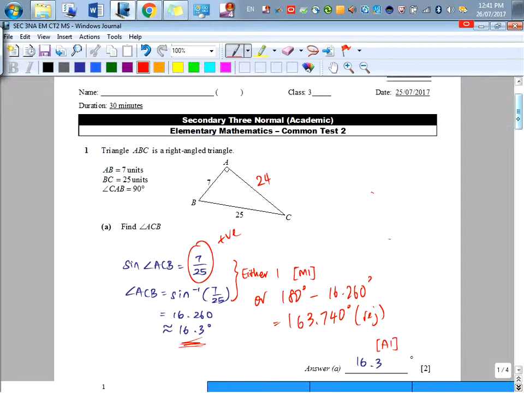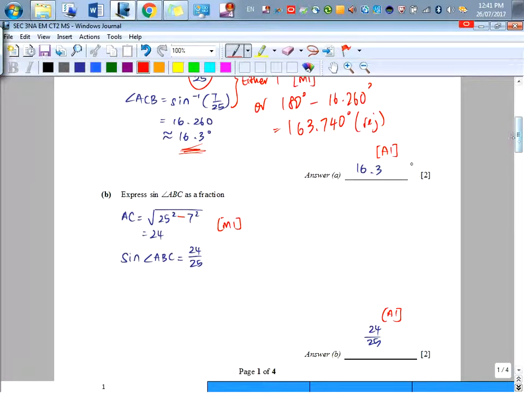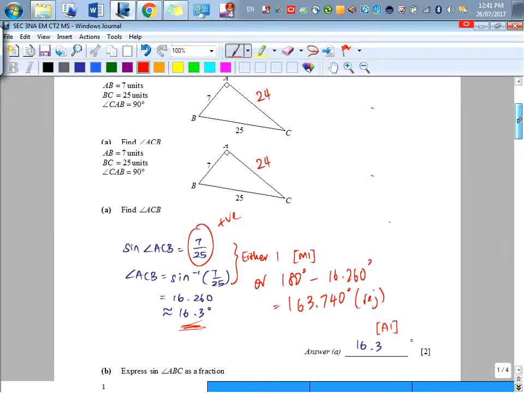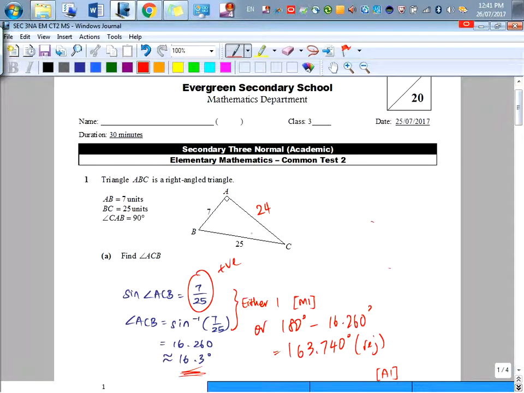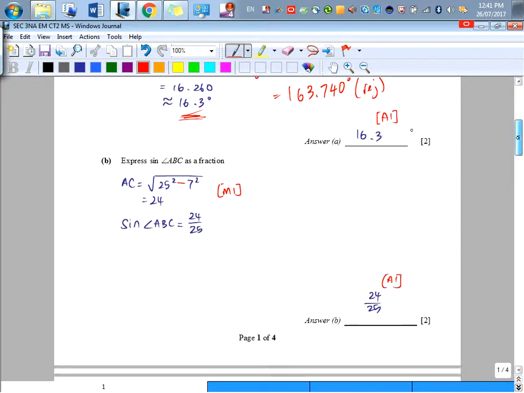24 units. If I want to find sine angle ABC, sine of this angle will be opposite again over hypotenuse, which is 24 divided by 25. So then, my answer is just 24 over 25.